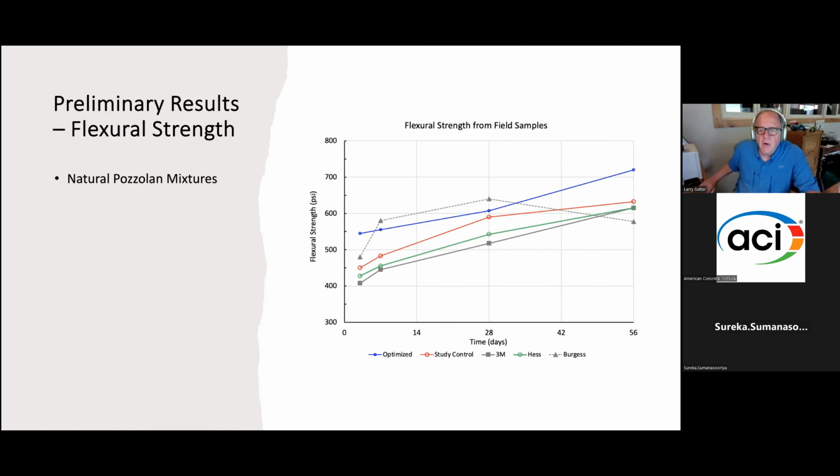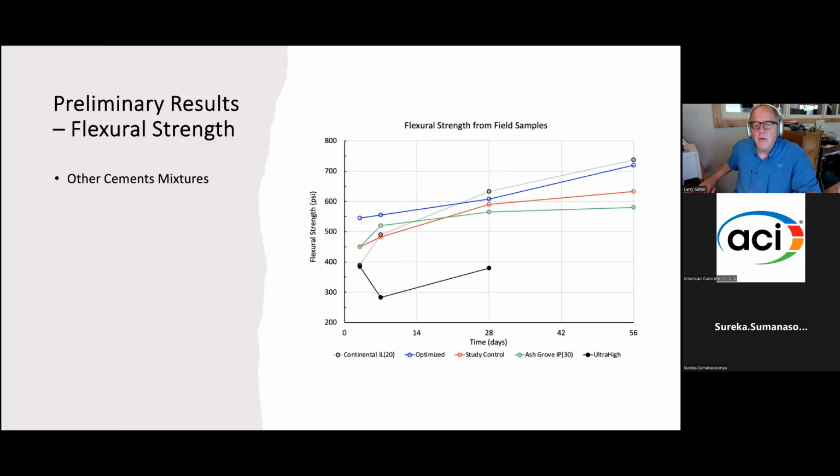And then we go to the natural pozzolan mixes. The Burgess pigments was slightly above the control and it dropped off near the end. And then the Hess pumice and 3M were tracking pretty closely with the controls. And flex strength here, and you can see that these are the various alternative cements.